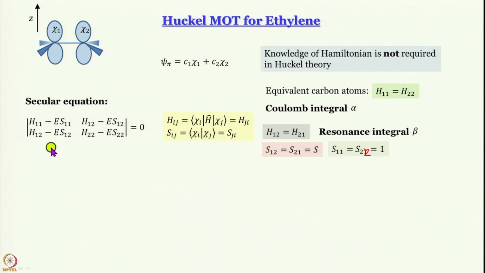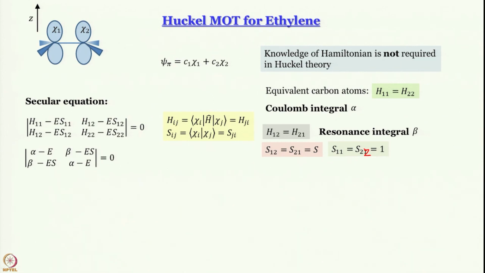So, alpha minus E. Second element here, the 1 2 element, will be beta minus ES, same thing here, and this 2 2 element will be alpha minus E. Alpha minus E, beta minus ES, beta minus ES, alpha minus E, that determinant is equal to 0 and the rest is very simple.